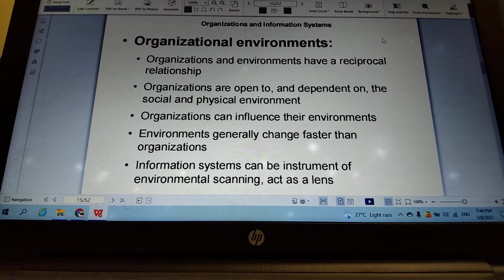SOPs are the same, 10 years old, 15 years old. But due to some factors, like what happened to the whole globe recently, the demand from the environment changes, the requirement from the environment changes. Generally, what happens? The organization needs to change.